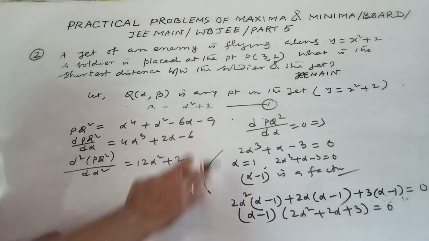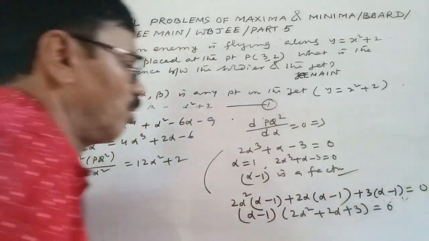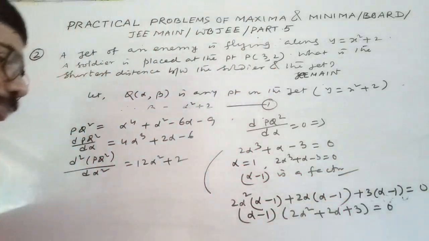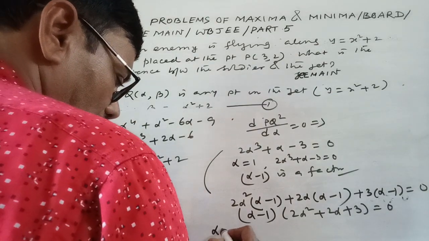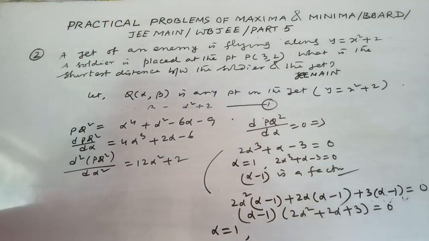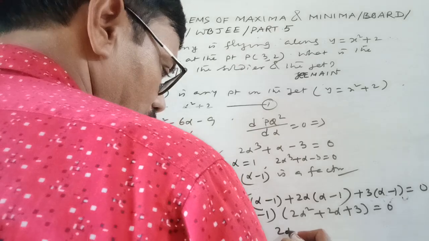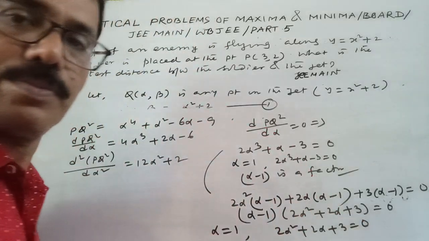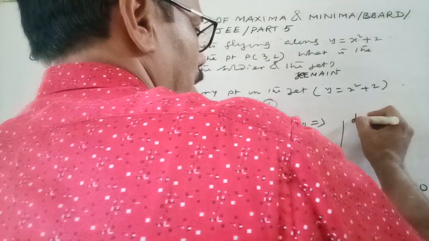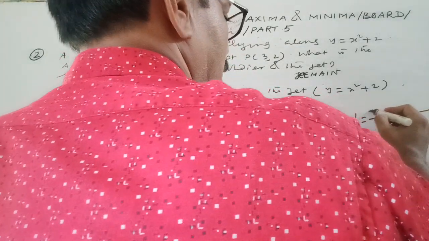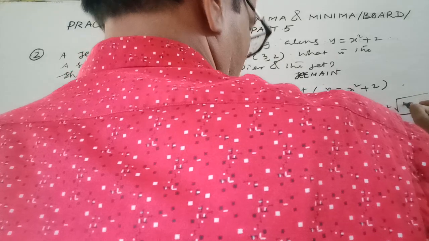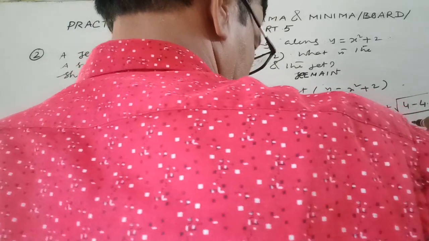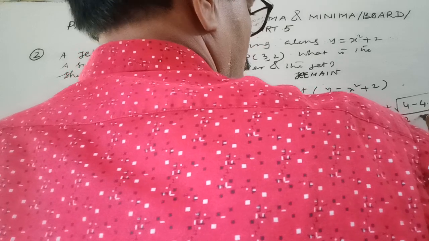So you know how to find solution of cubic equation by trial method. So you are getting alpha equals to 1. And what is the second one? 2 alpha square plus 2 alpha plus 3 = 0. Now what is alpha? Minus 2 plus minus root of 4 minus 4 into 2 into 3 by 2 into 2.